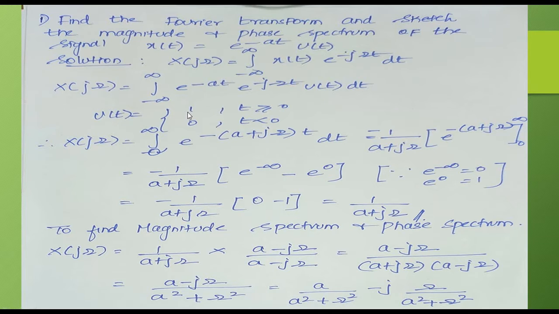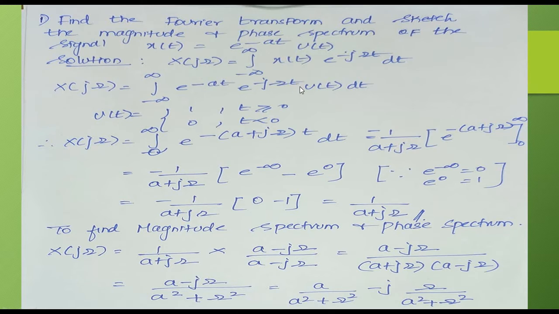By definition, u of t has a value 1 for values of t greater than or equal to 0, and a value 0 for values of t less than 0. So we substitute u of t as 1 and make the limits 0 to infinity. X of j omega is now the integral from 0 to infinity.